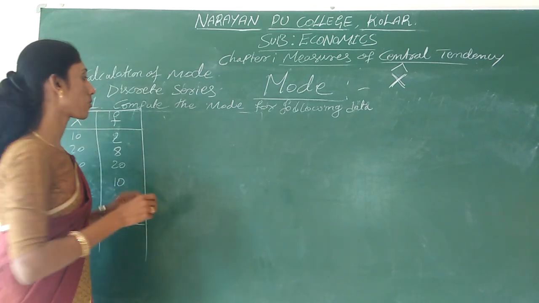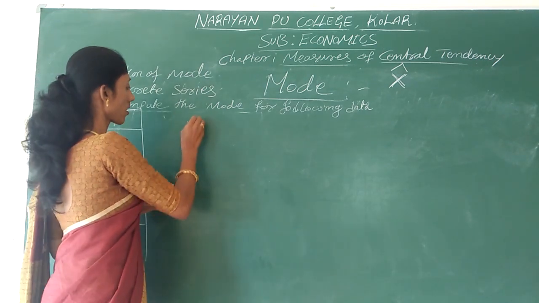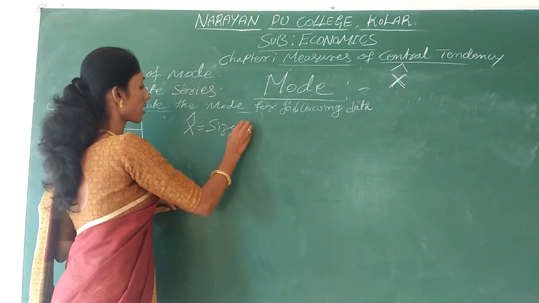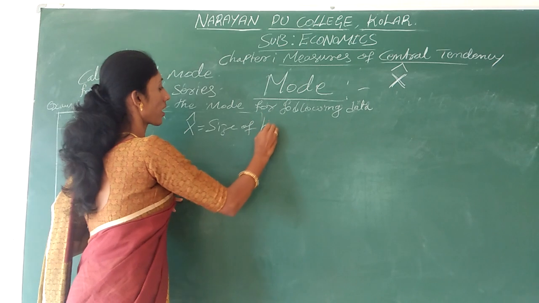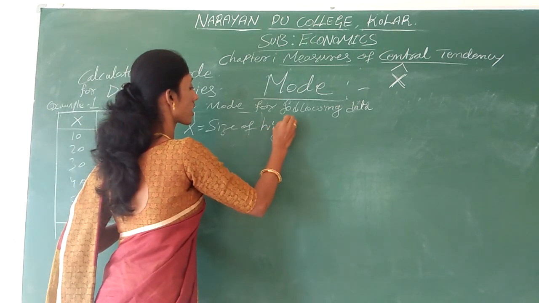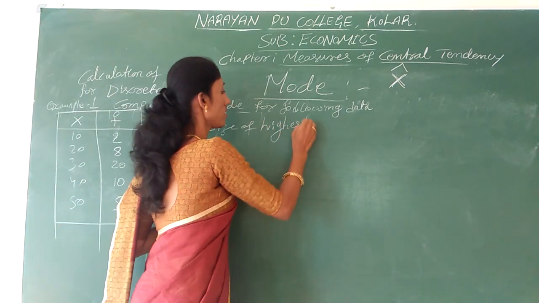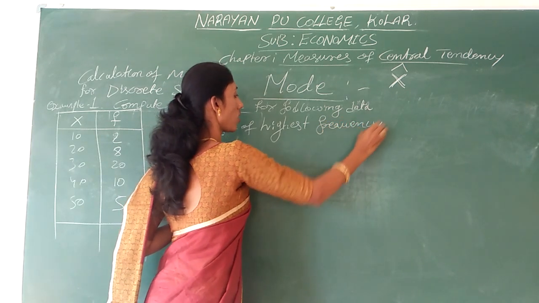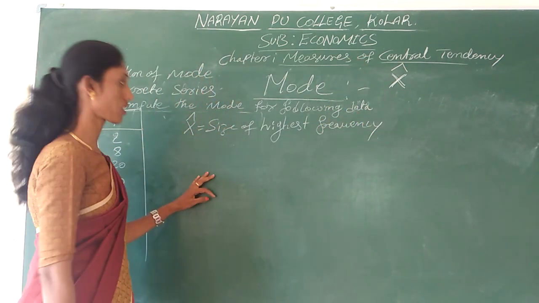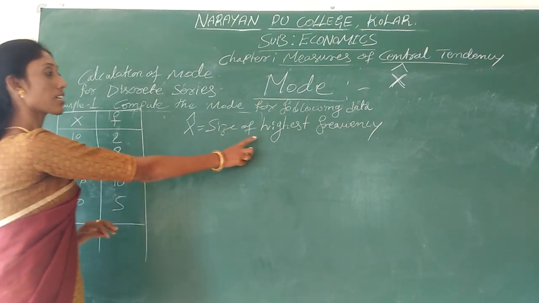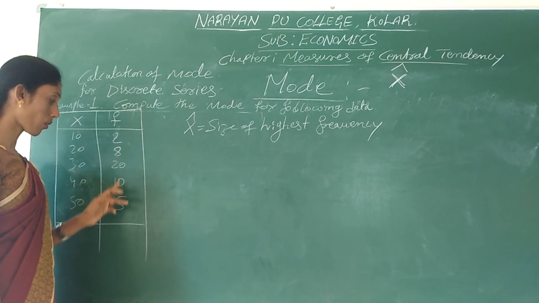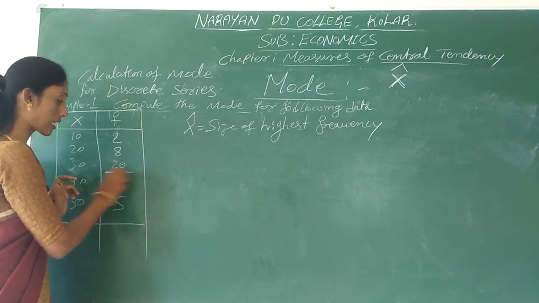Then the formula to find out the mode is: mode is equal to size of highest frequency. Here, which is the size of highest frequency? The size of highest frequency in this is 20.